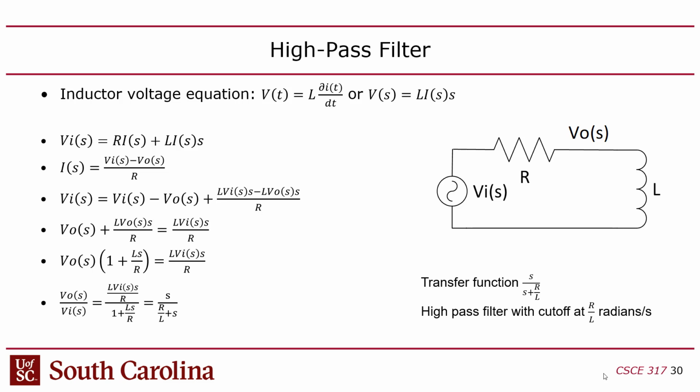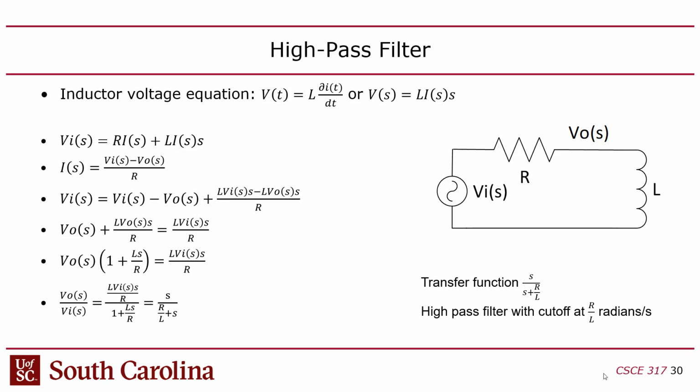It turns out you can also build a high-pass filter, but we didn't do this. A high-pass filter is when you swap the capacitor out for an inductor, and when you solve the transfer function, it turns out that it's S over S plus something, and that something is also the cutoff frequency. Oh, by the way, sorry, I should mention, whenever you find the frequencies in a transfer function, you get radians per second.